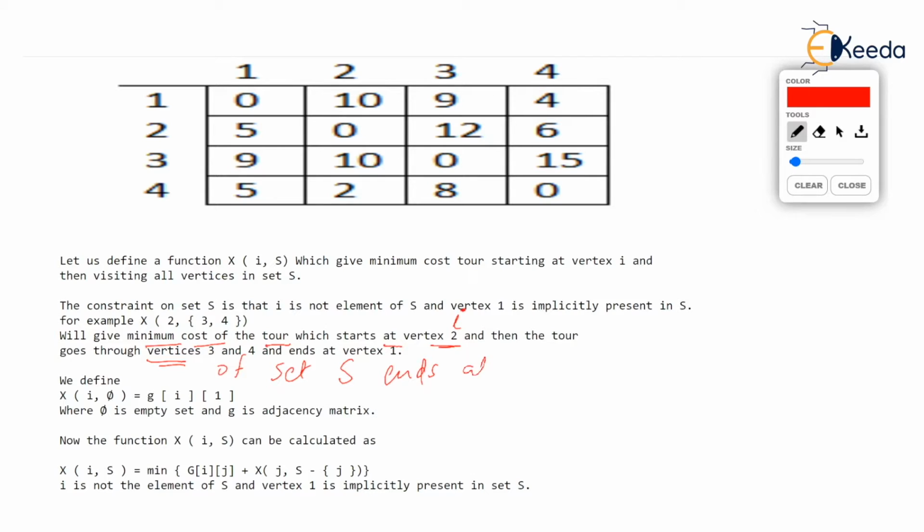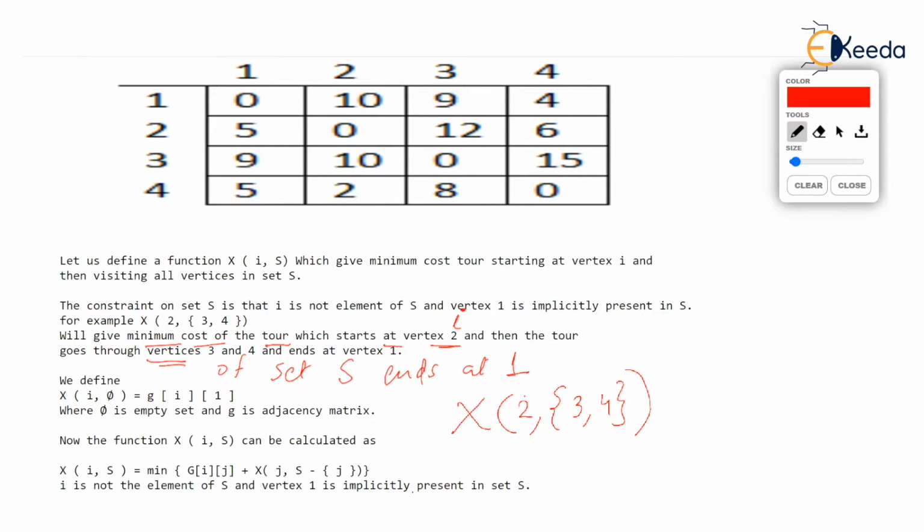Okay. So let's see what I mean by this. Suppose I write x 2 comma 3 4. You know why I have not included 2 in this set? You know the constraint. And you know why I have not included 1? Because 1 is implicitly there. Now what this function is going to return, functions always return a value in general.